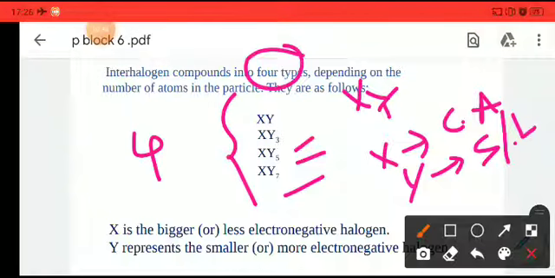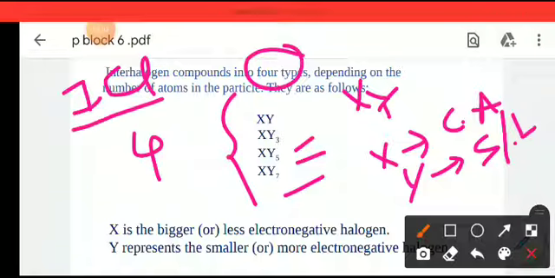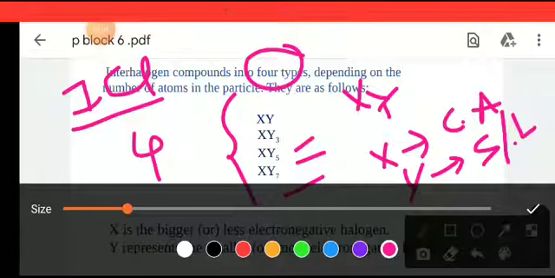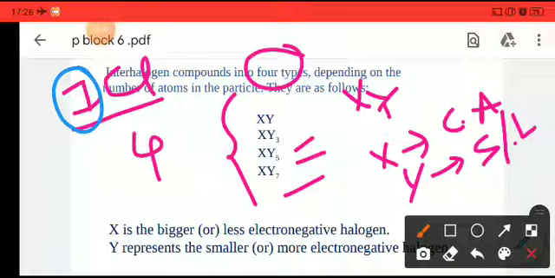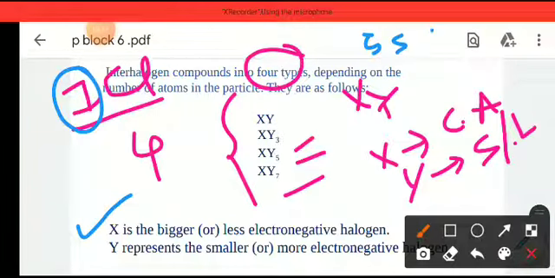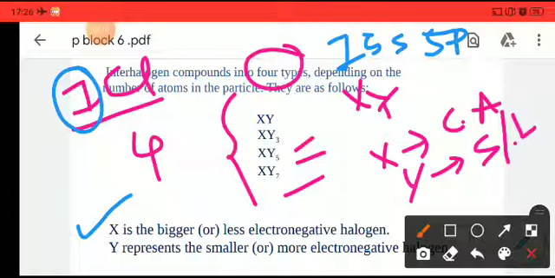So how do we know which one is the X atom, that is, the central atom? Suppose in the case of ICl, the central atom will be I, because the central atom should be bigger in size or have less electronegativity. Iodine has 5s5p and chlorine has 3s3p, so iodine's size is bigger.